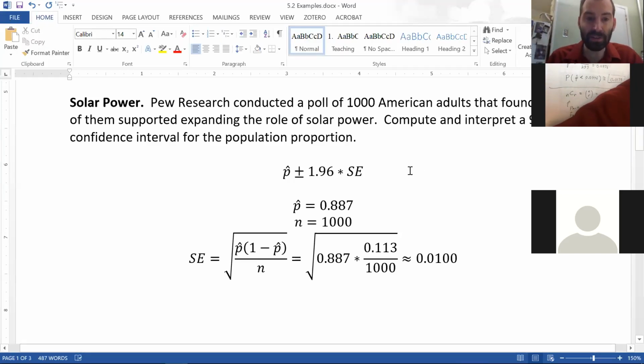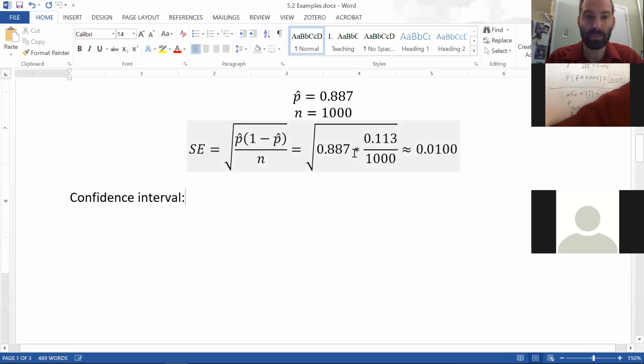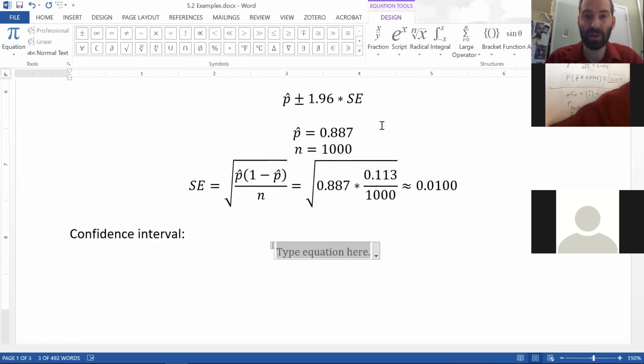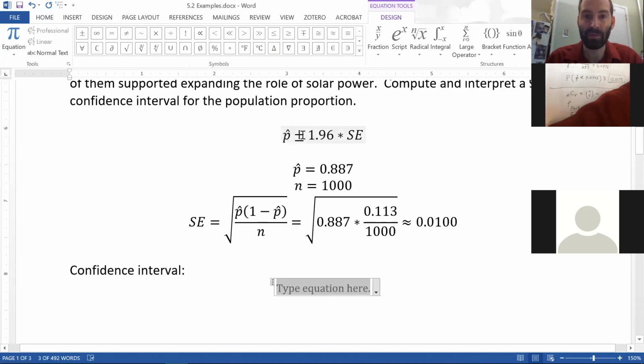So the confidence interval is given by, there are two ways to write it. The first way is to write it like we have up here: 0.887 plus or minus 0.0196.